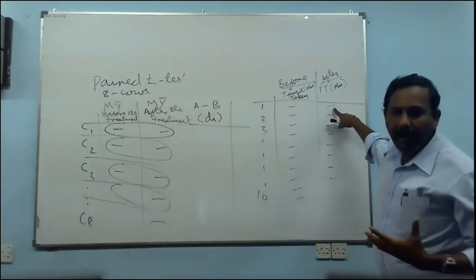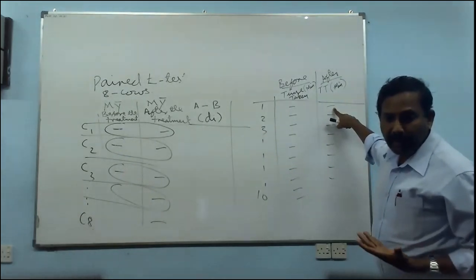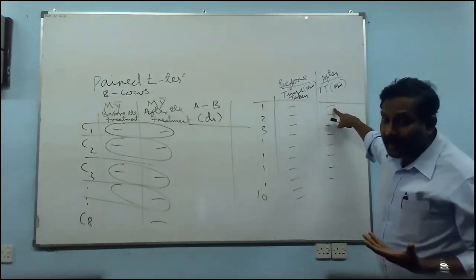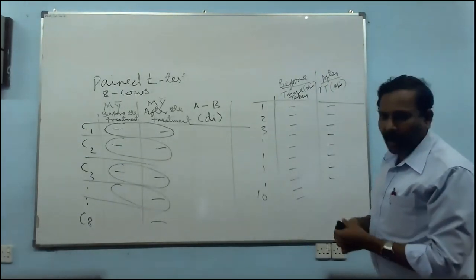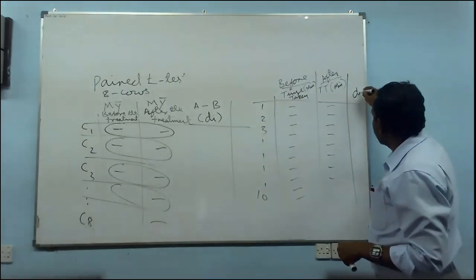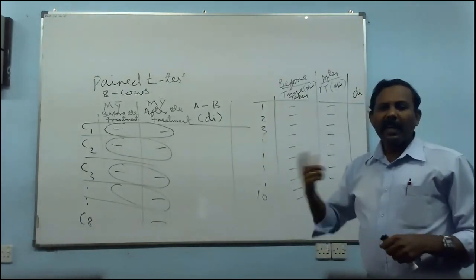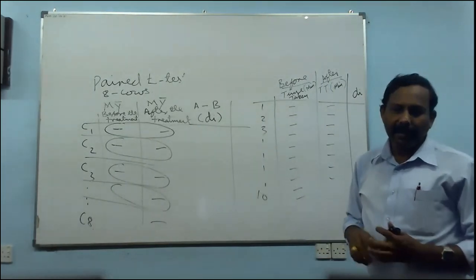Lower time after training reflects that there is effectiveness in the training. Now if I take the difference, in this example, how do I take the difference? Is it after minus before or before minus after?